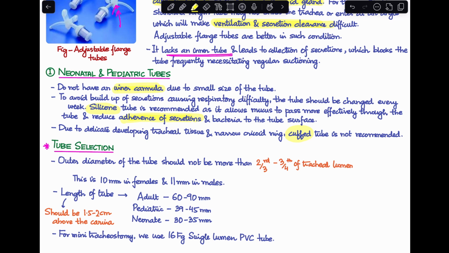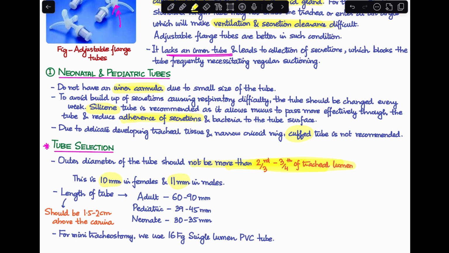So, a Portex 8 mm tube may not be the same as a metallic 8 mm tube. So, it's more important to look at two parameters: the outer diameter of the tube and the length of the tube. The outer diameter of the tube should not be more than two-thirds to three-fourths of the tracheal lumen. This number is usually 10 millimeter in females and 11 millimeter in males.